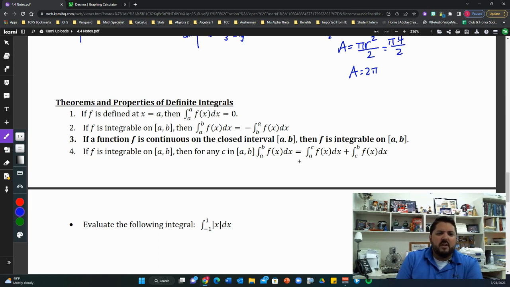First off, this one's kind of a trivial case, but it should make sense. If f is defined at x equals a, then the integral from a to a of f of x dx equals 0. If this integral represents the area of a region from one value of x to another, and the top and bottom limits are the same value, there is no region. I couldn't draw any rectangles because I'm not moving.